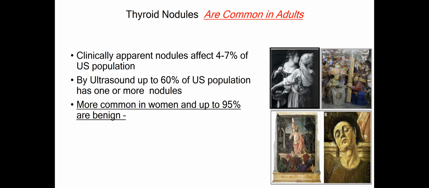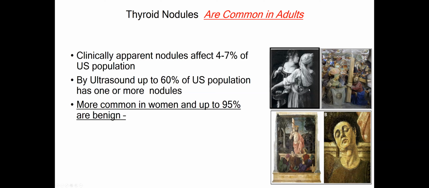If you place an ultrasound on somebody's neck, up to 60% of the US population have one or more thyroid nodules which are not palpable. These are more common in genetic females, and up to 95% of them are benign. So you're dealing with a small handful of cancers. That's why thyroid nodule screening is there.